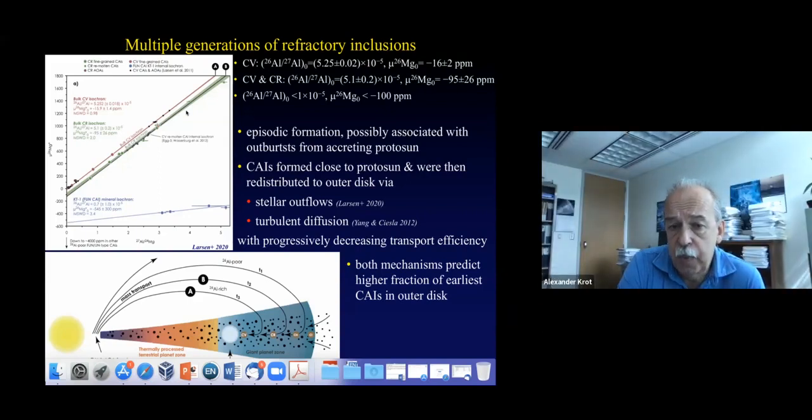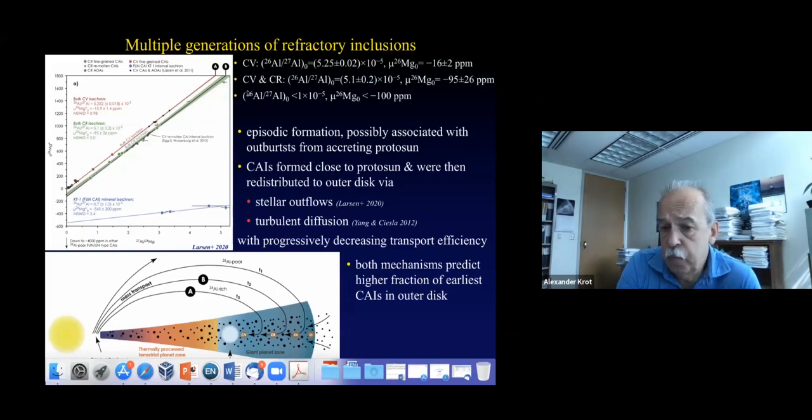So the conclusion of this paper was, first, that formation of CAIs was episodic and possibly associated with outbursts from an accreting protosun. So CAIs formed close to the protosun and were distributed to the outer disk, either via stellar outflows or turbulent diffusion, with progressively decreasing transport efficiency.